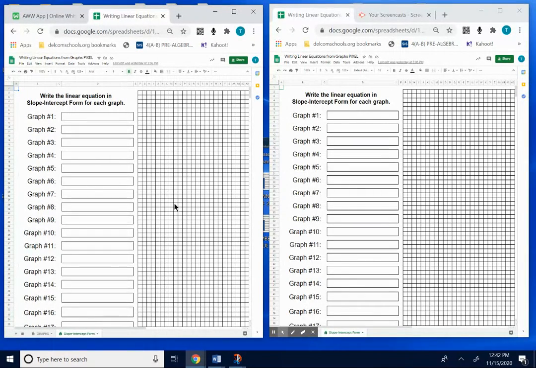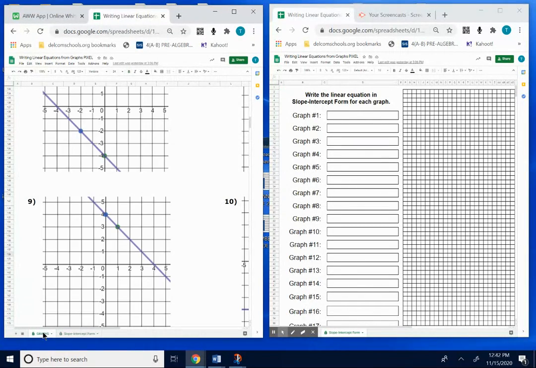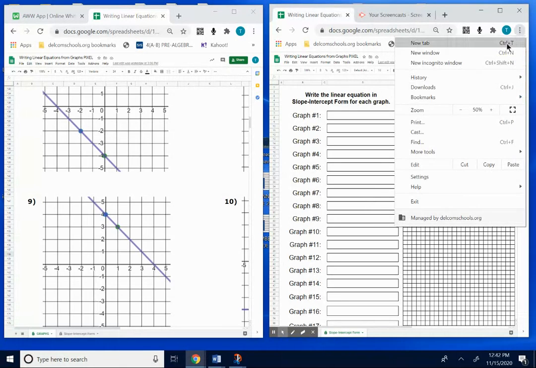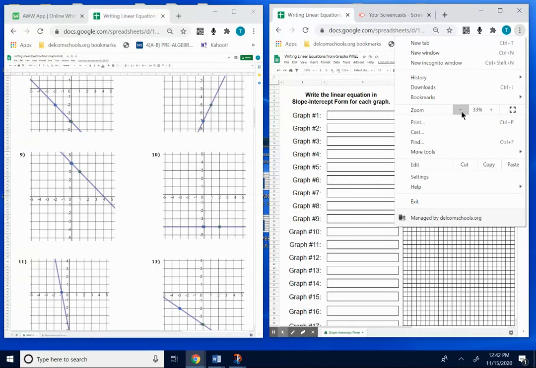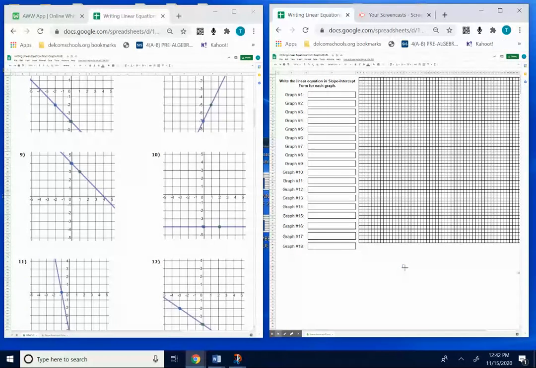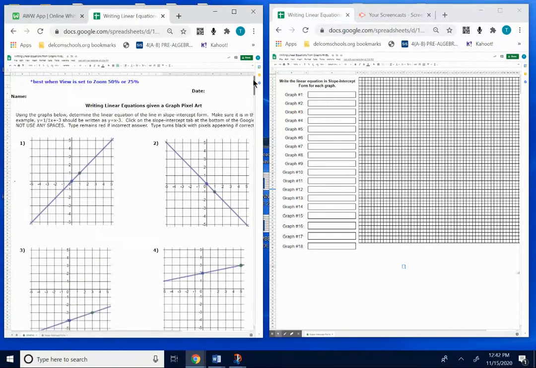But if you do two half screens and put the graphs on one side and then open it up again and do the slope intercept form answers on the other side and zoom down to 33%, I really think it'll be easier because you can see both at the same time. You can see the problem and the answers. Okay, but again, I know you guys sometimes like to do it differently than the way I would, but just a recommendation. Okay, so you're finding the equations of the graphs on the left.